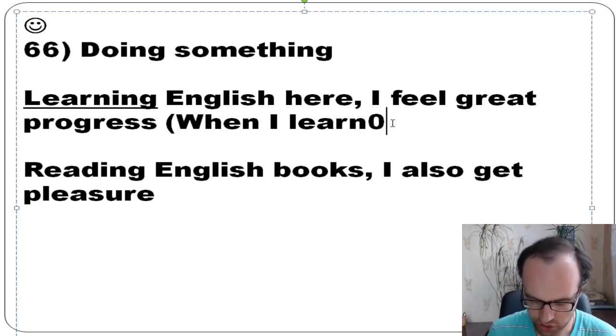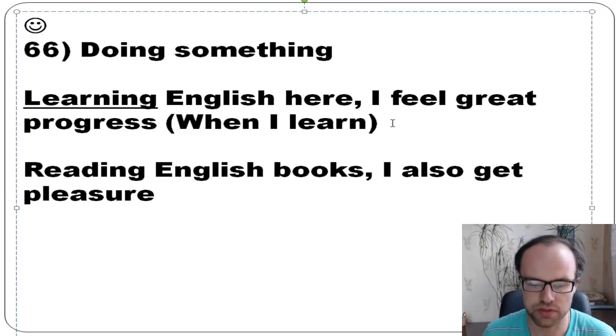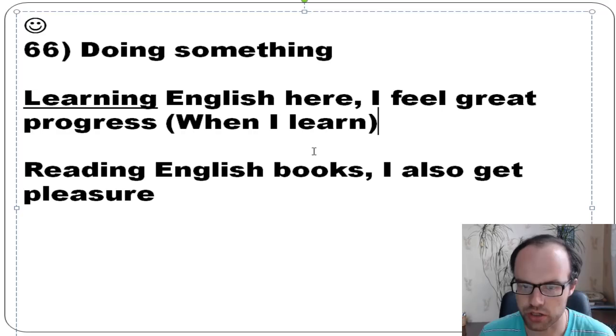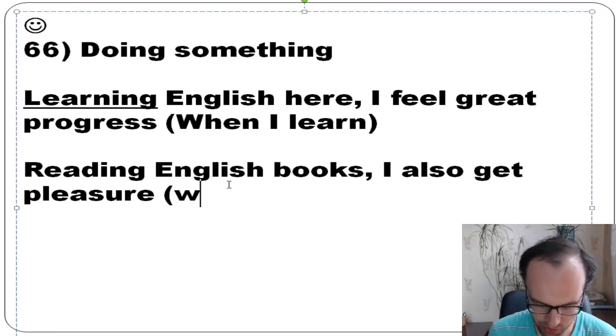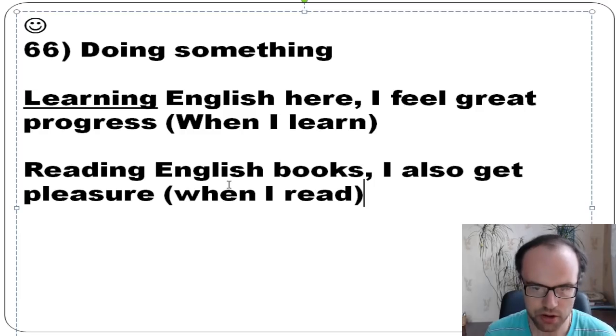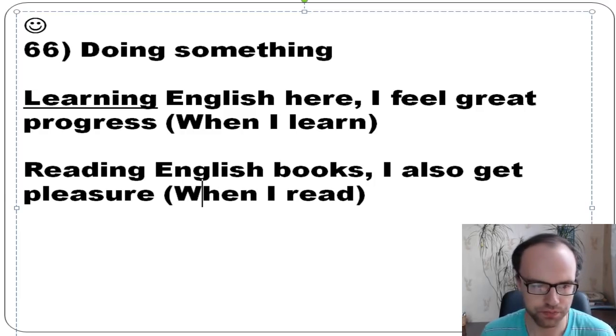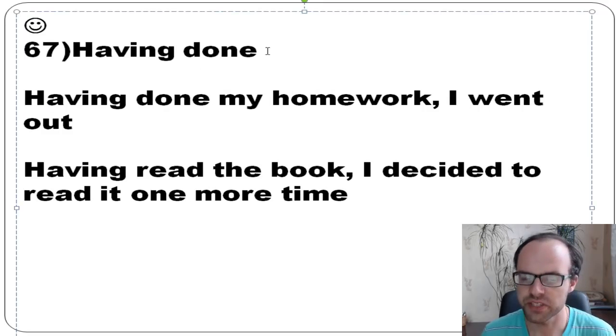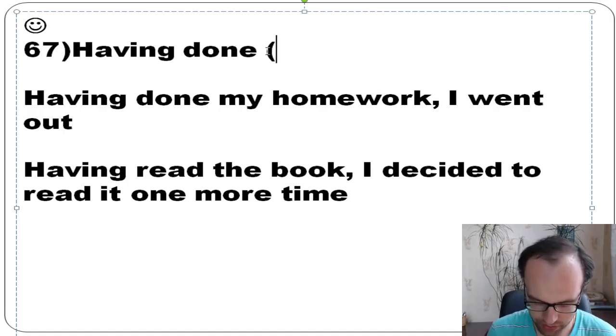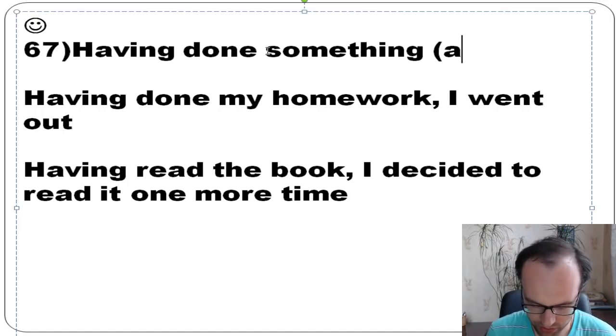So this action is in process. Well, reading English books, I also get pleasure. It means that when I read English books, I also get pleasure. Well, having done, it's the same structure, but about the past. Having done something, so it's about the past. Look.